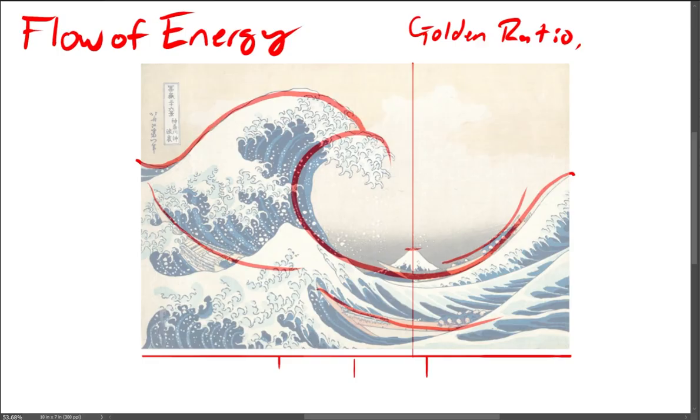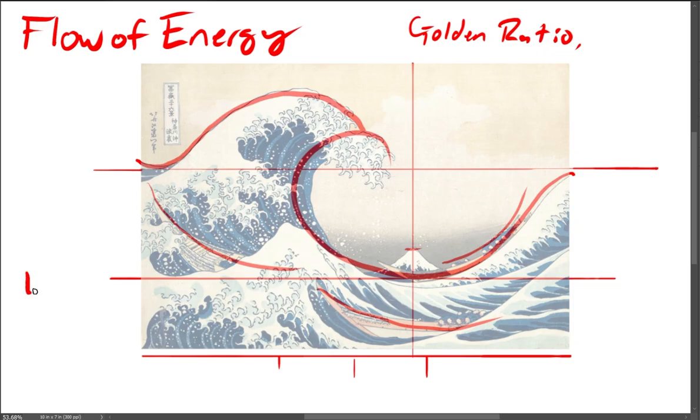And then the wave, I especially love how, let's just draw a line here at the top of this, and the other side. So that's about a third as well. Let's get this line. And now I've drawn in where it looks like the horizon line is. It's at the bottom of that crest.